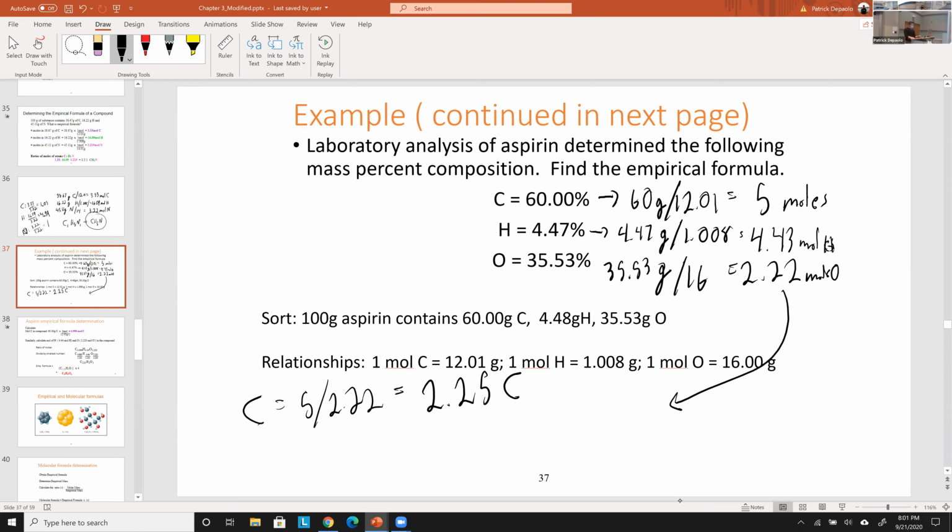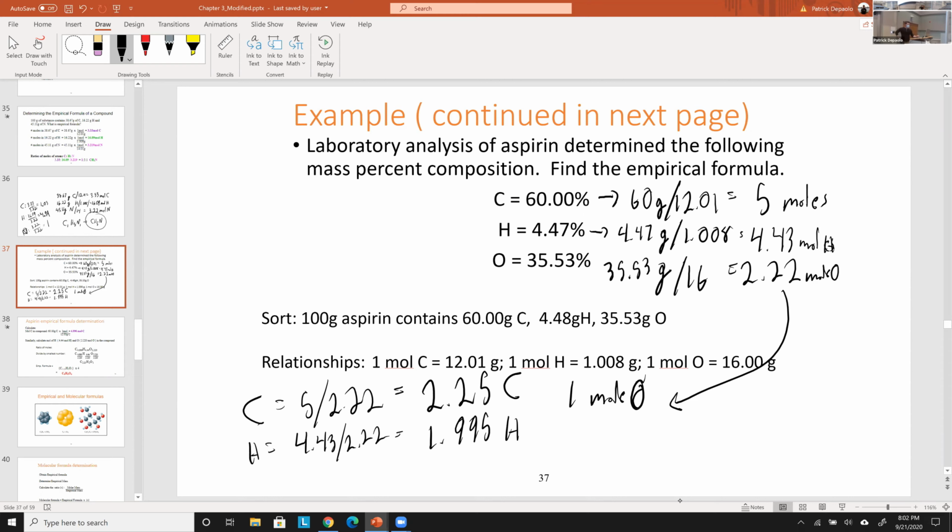So 2.25 moles of carbon. For hydrogen, we're going to do 4.43 divided by 2.22, and that's going to be almost exactly 2. So it equals 1.995 moles of hydrogen, and you get 1 mole of oxygen, because you're dividing the 2.22 by itself.